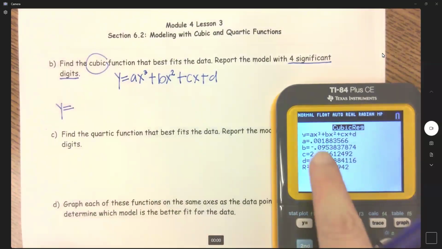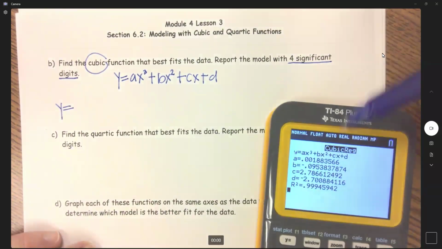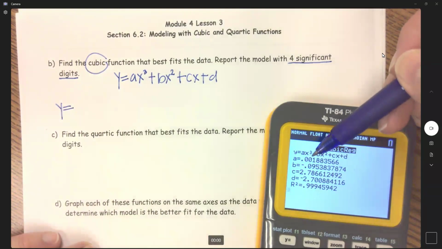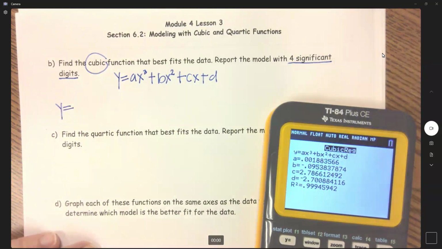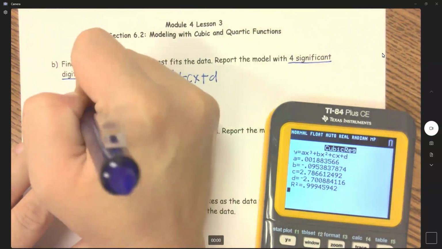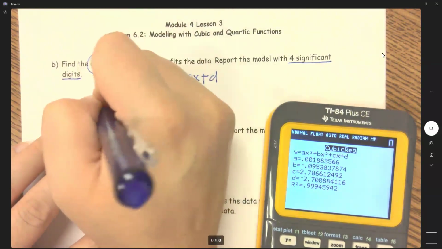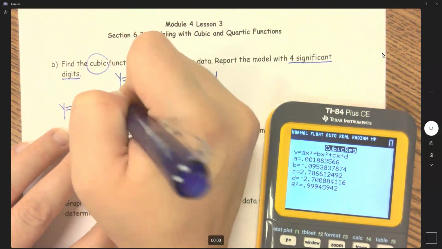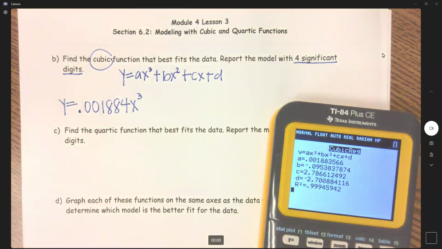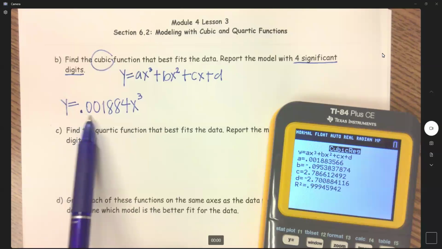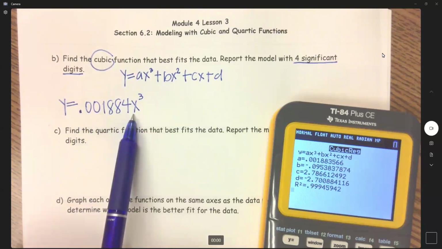So my a rounded to 4 significant digits means these first 2 zeros do not count. So here is my first significant digit, my second, my third, my fourth. So I'm going to look at that 5th significant digit, and that 5 makes that 3 go up. So this is 0.00188, and that's in front of my x cubed. So even though it says 4 significant digits, we have 6 decimal places here.